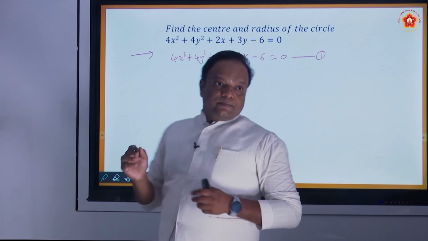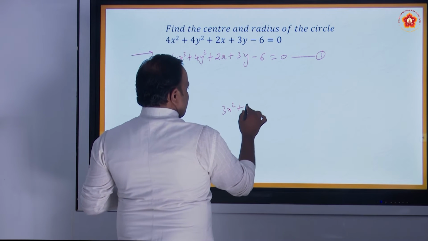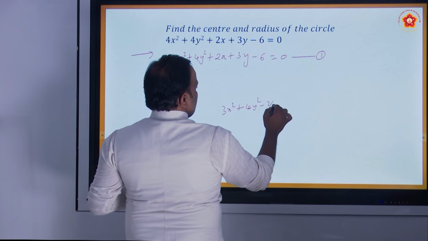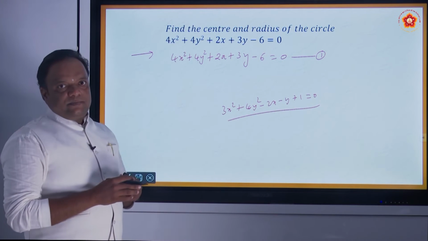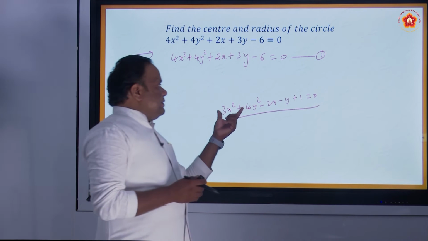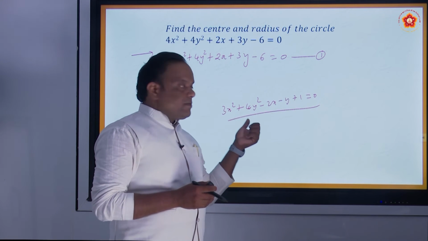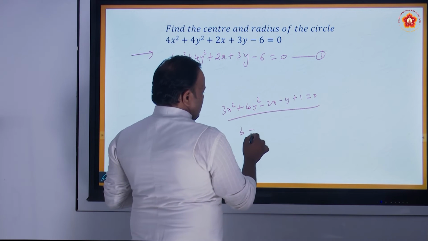Observe here one more thing. An equation like 3x square plus 4y square plus 2x minus y plus 1 equal to 0 is not a circle equation, because the coefficient of x square is 3 and coefficient of y square is 4. Clearly 3 is not equal to 4.